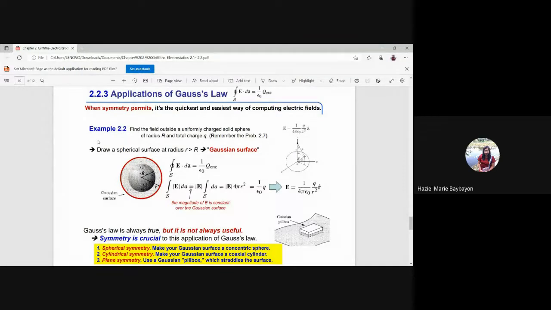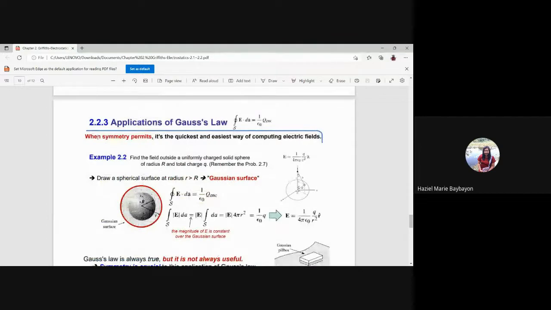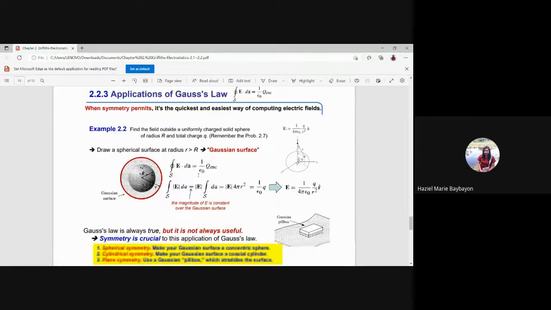Okay, so when symmetry permits, take note that you can only use Gauss' law for symmetrical surfaces. So when symmetry permits, it is the quickest and easiest way of computing electric field. So as you can see here, it looks like the same problem as earlier.